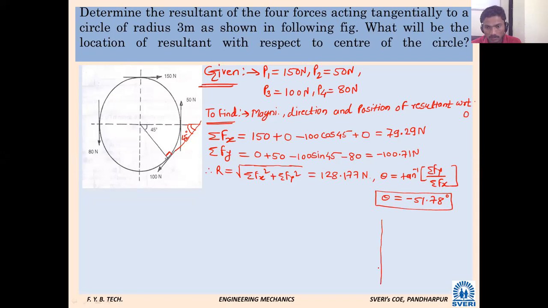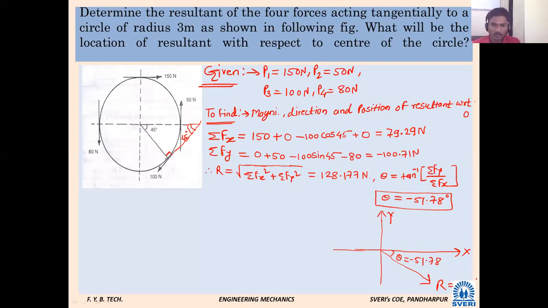Clockwise direction. Here it is x, here it is y. So clockwise, it will come somewhere like this. R, correct, and here theta equals minus 51.78. R is equal to whatever that value is, I will not write it. You can check. Half the problem is over.